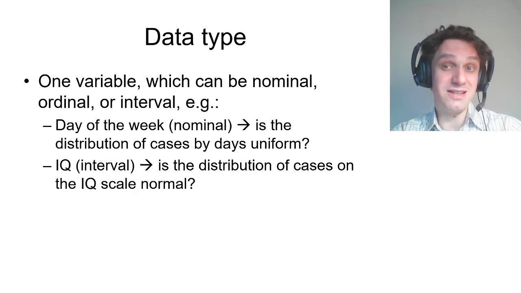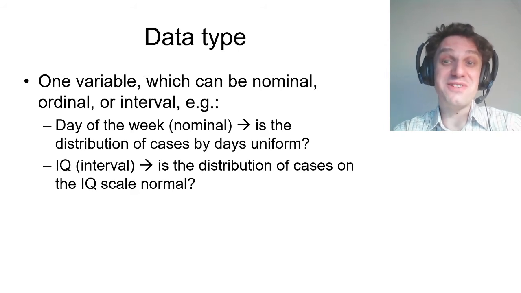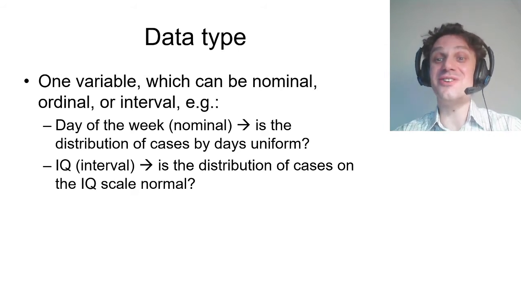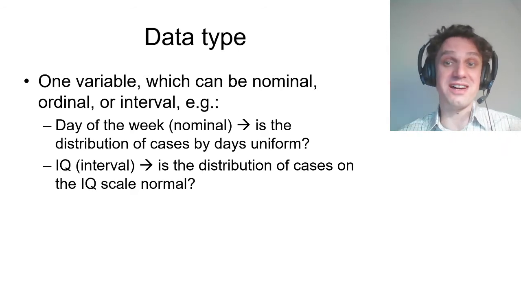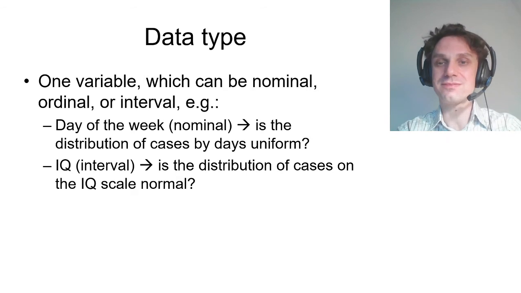Or this difference from uniform distribution is significant, and that would mean that you need to have more doctors on some days and fewer doctors on other days to accommodate for this.